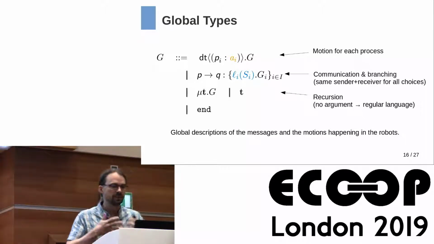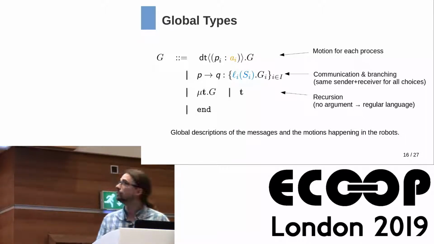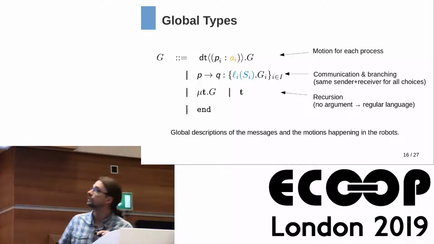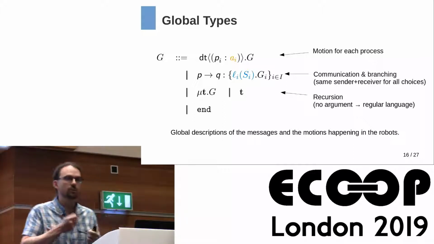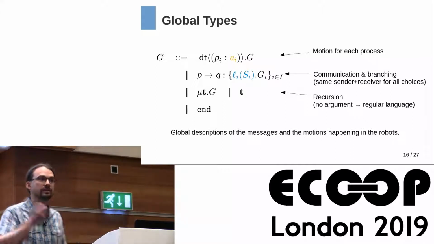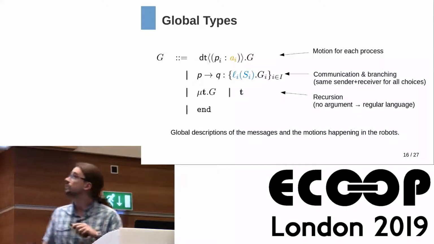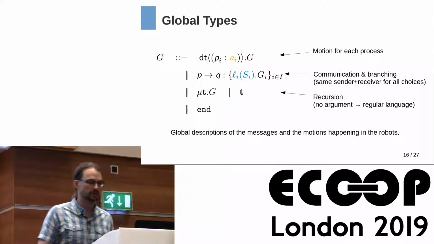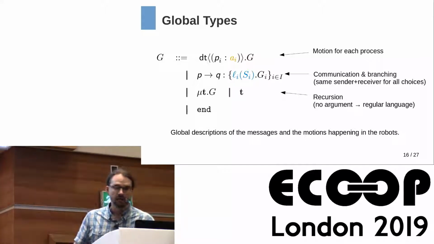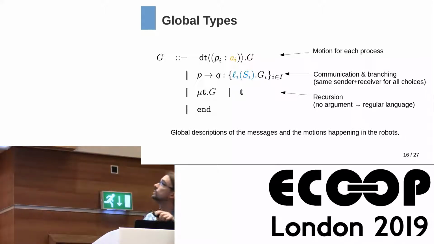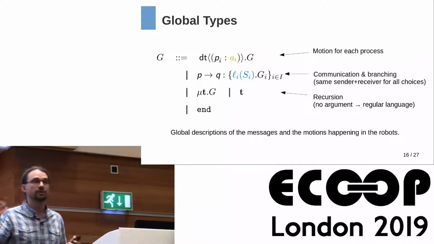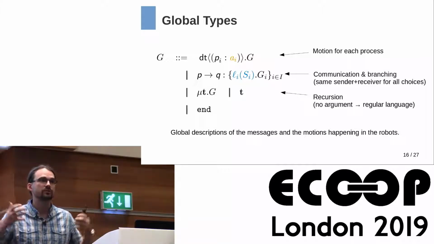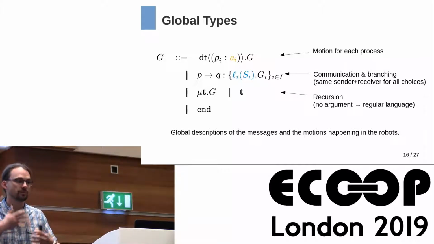At the level of this global specification or global type, we have a simple extension of session types. We have the usual communication with branching, which means that we have a sender and a receiver. And for this communication, we have a set of alternative messages that can be sent between the two. Each message can result in its own continuation. On top of that, what we add is what we call motion, a tuple that for each process says what physical action each of the robots must be doing.